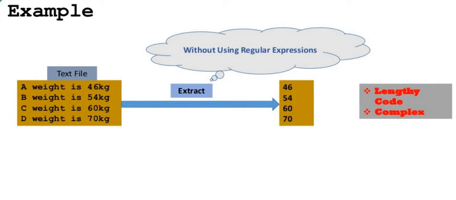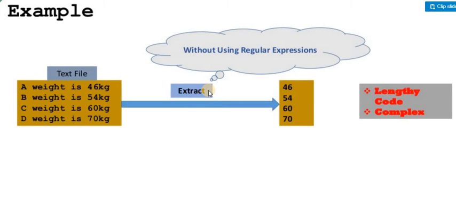Here you can see one text file containing information about weight. A, B, C and D are the persons' names and their weights: A's weight is 46, B's weight is 54, C's weight is 60 kg and D's weight is 70 kg.